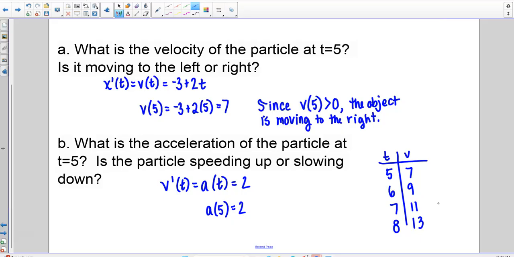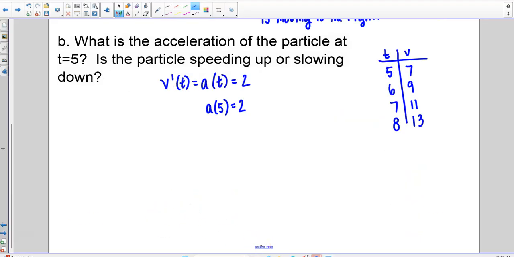Okay, but we can't just say that the particle is speeding up because acceleration is positive. Because what if v of 5 equals negative 12?